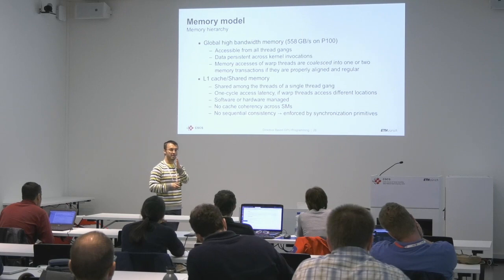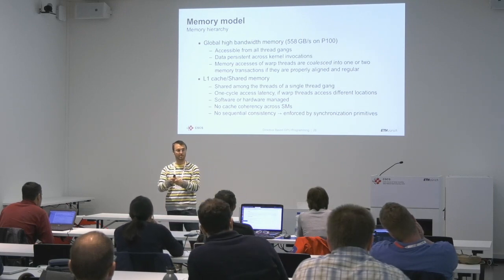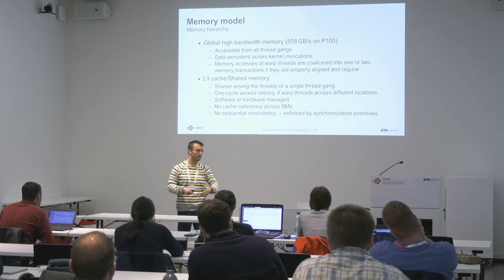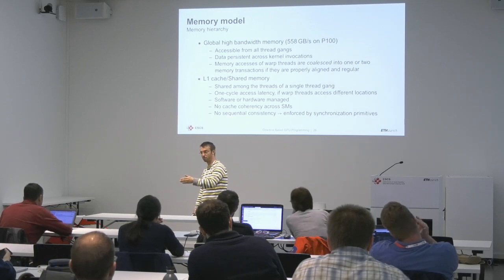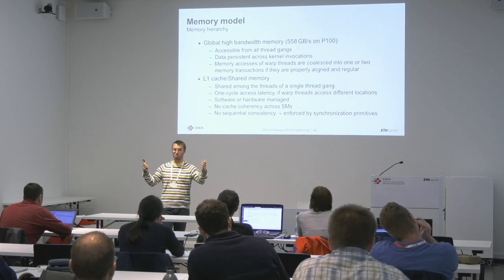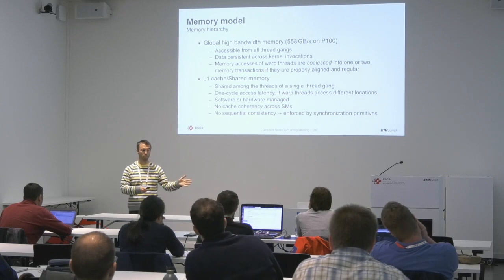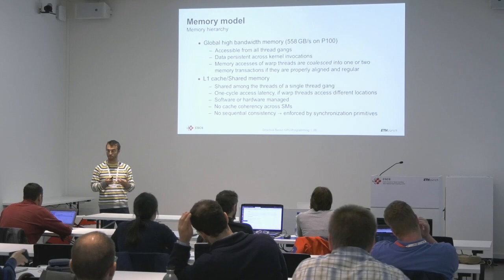memory access from successive threads in a warp may be coalesced in a single memory transaction. So if thread i accesses the ith element, thread i+1 accesses the i+1 element, and so on, all these 32 elements will come at once to all the warps. This is called memory coalescence. It's quite crucial for performance.